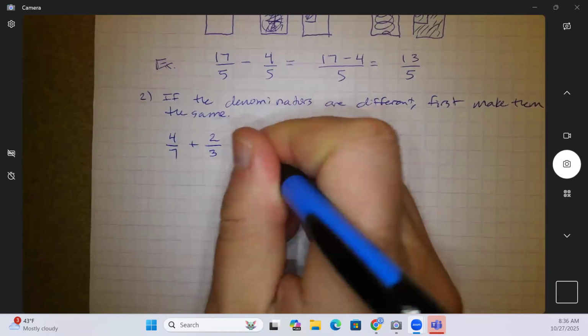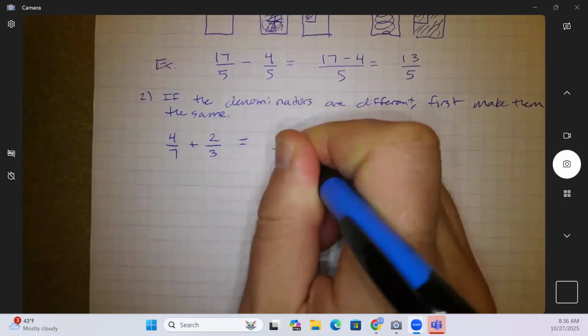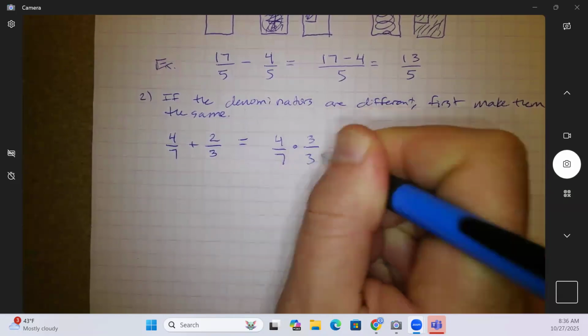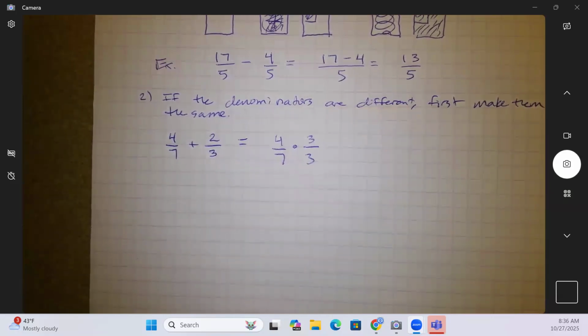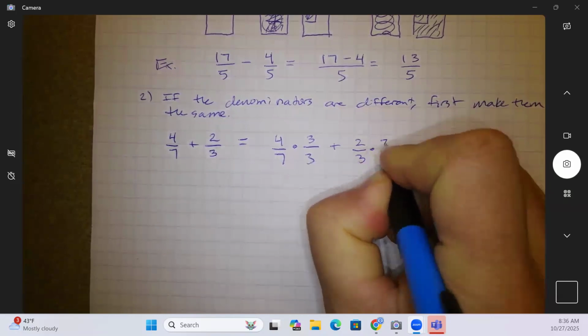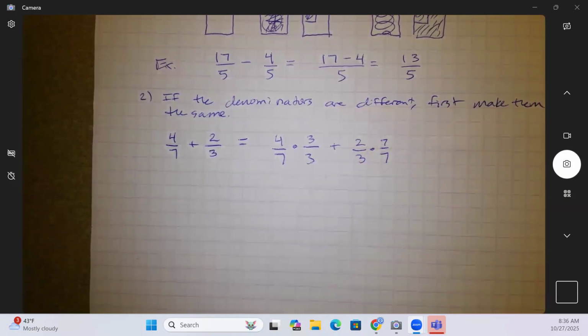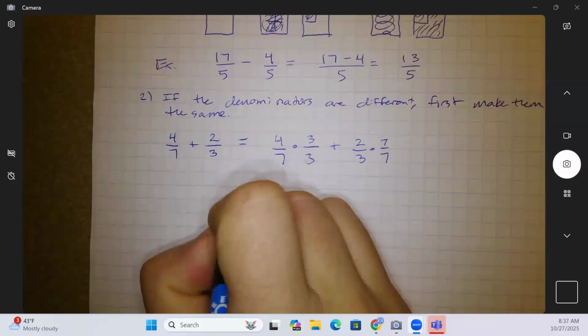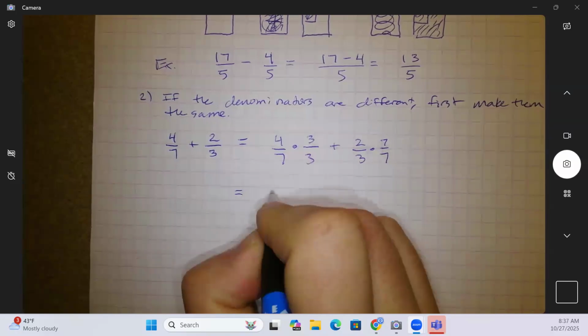So what I have to do is I have to rewrite each fraction by multiplying it by the missing piece. The missing piece for 4/7 is the 3. And the missing piece for the 2/3 is the 7. And then I will do some of that multiplication.